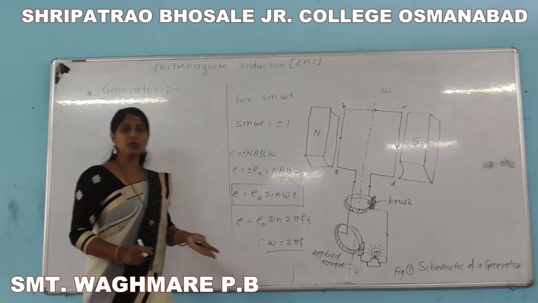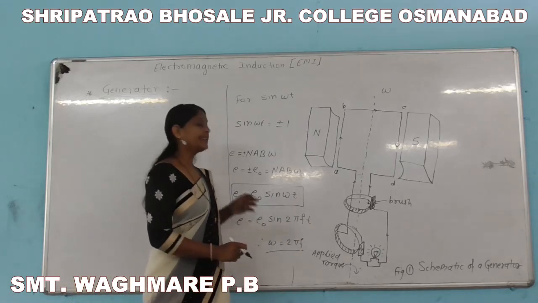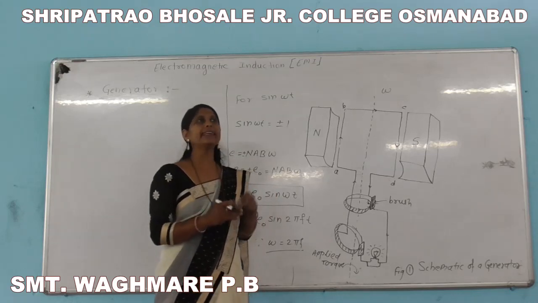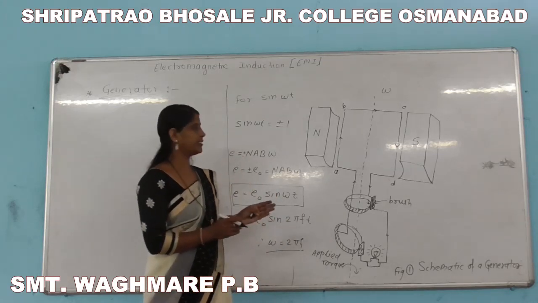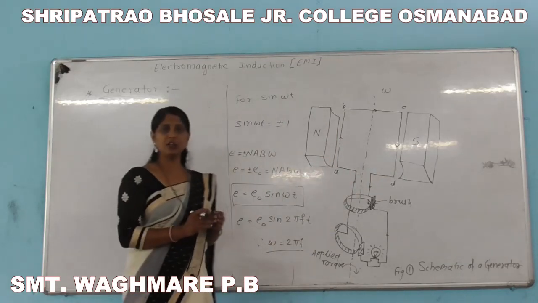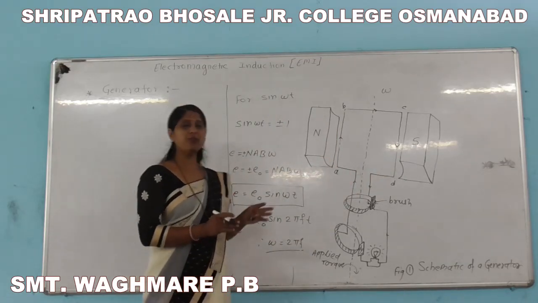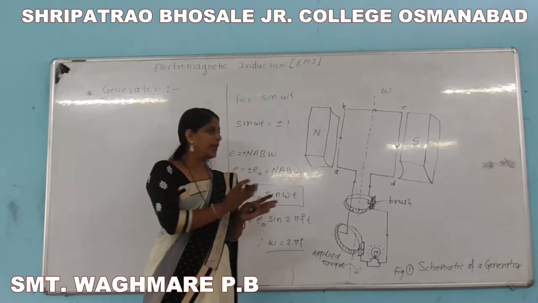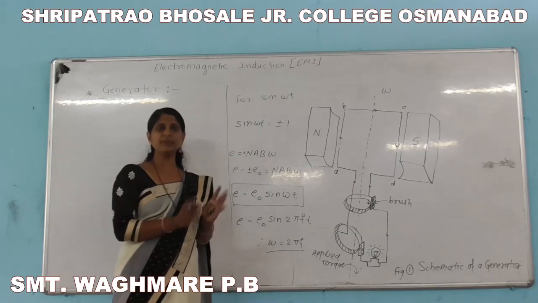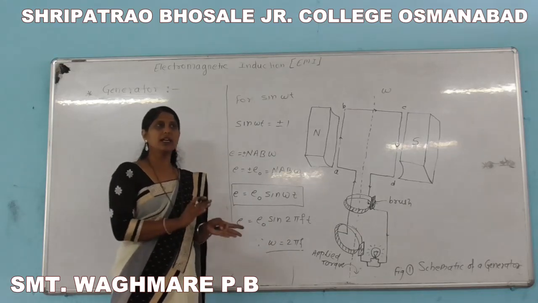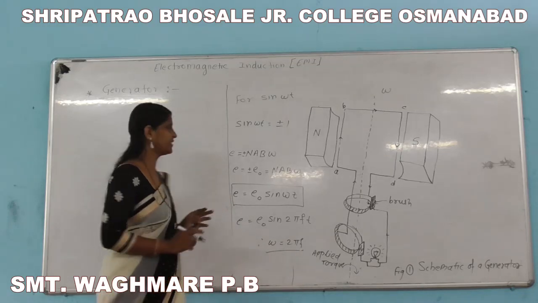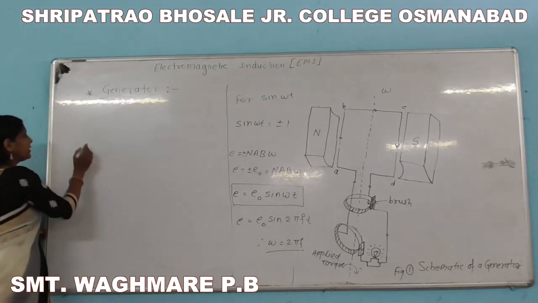But when we use the AC generator, the direction of current changes at each half cycle. When this coil rotates from this position to this position, the direction of current changes, and therefore this generator is called the AC generator, because the direction of current changes alternately every half cycle.